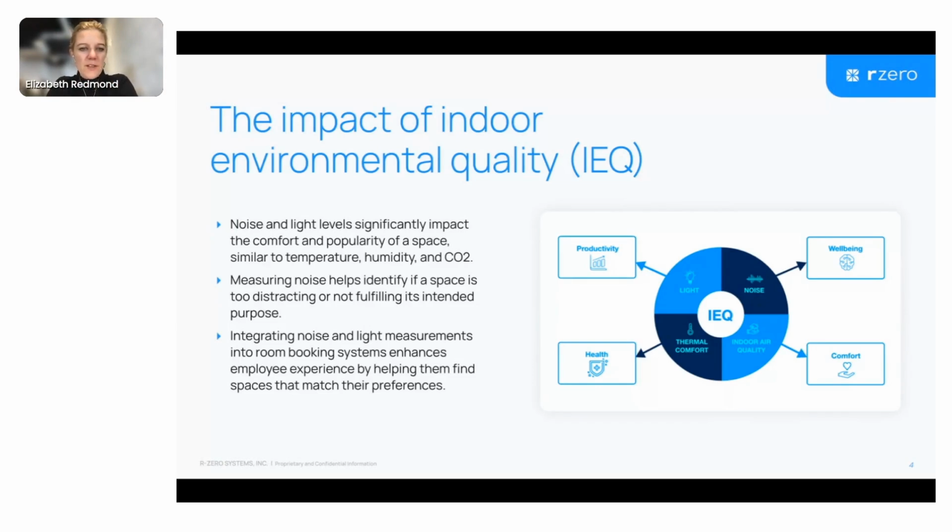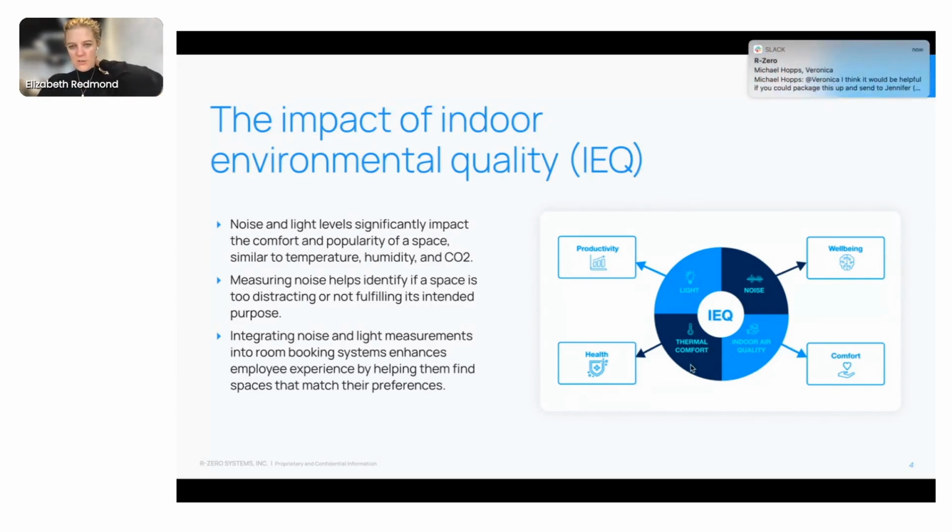Measuring noise specifically can be an element of mental distraction, mental strain, stress that you experience within an environment. And so as we look at this wheel around the side here, light is a big element, noise, as I mentioned, the air quality, all contributing to these four elements on the outside here.